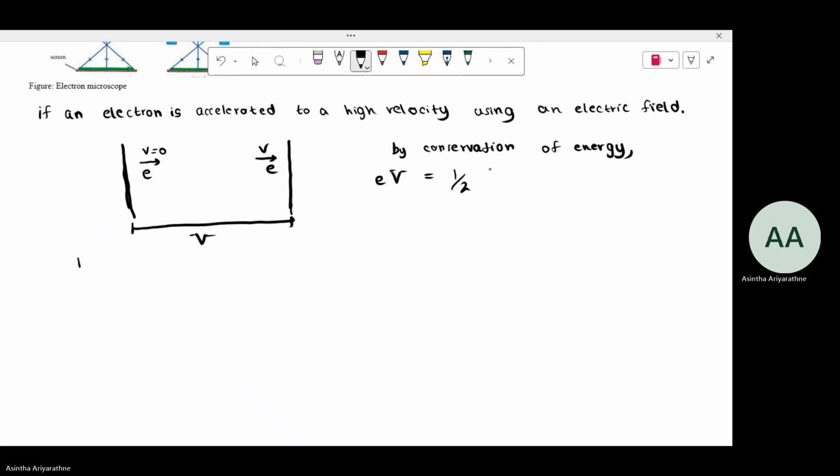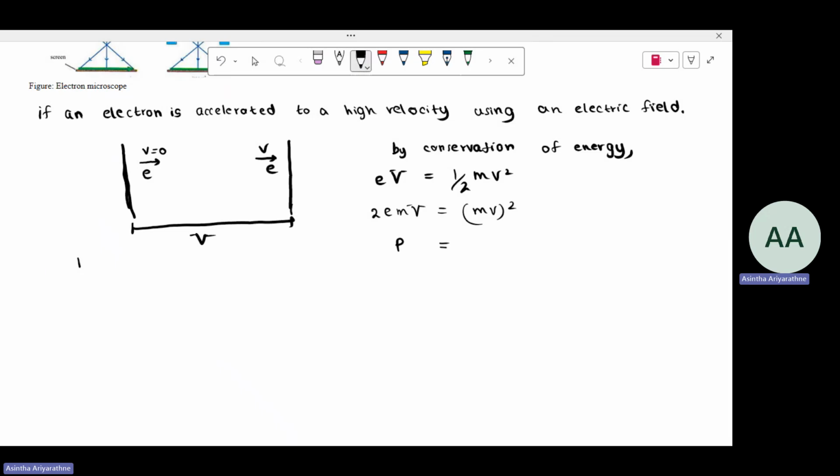The work done by the electric field is equal to the kinetic energy stored in the electron, half mv squared. Right, so 2 e m V is equal to m squared v squared.